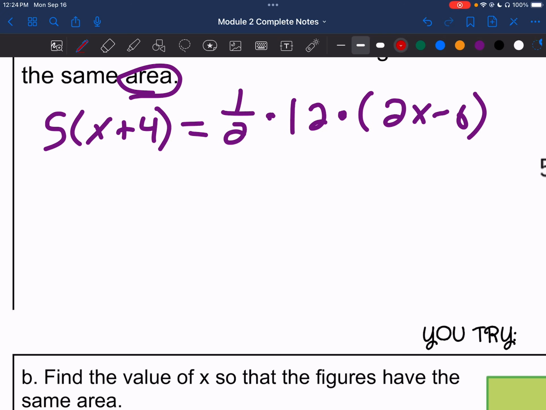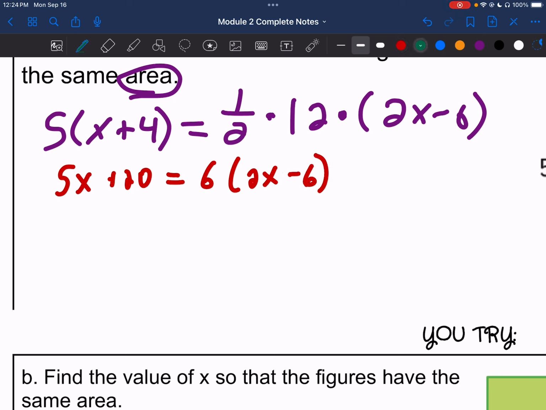So we have 5, and we'll do this distribution on the left-hand side. So we got 5x plus 20 is equal to 1/2 times 12 is 6, and then we still have the 2x minus 6. All right, now we do this distribution. We have 5x plus 20 is equal to 12x minus 36.